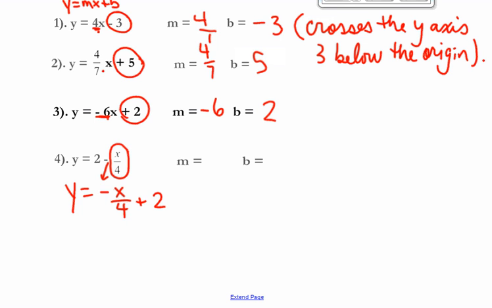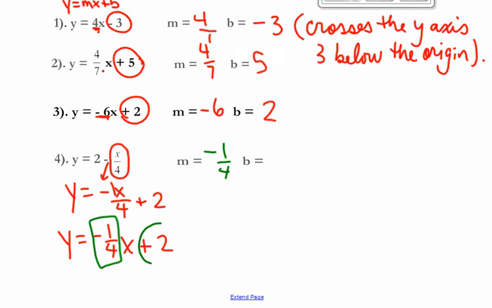So make sure you're writing that in your notes. There's a 1 in front of your x on the top. And so really, my equation is this, -1/4 x +2. Now it should be easy to see that this is your m, -1/4, and this is your b, +2.